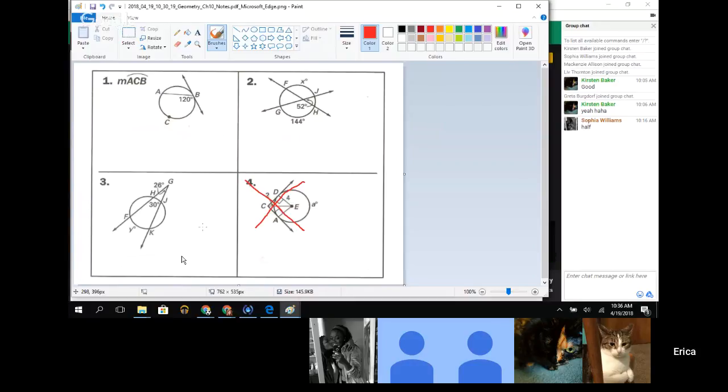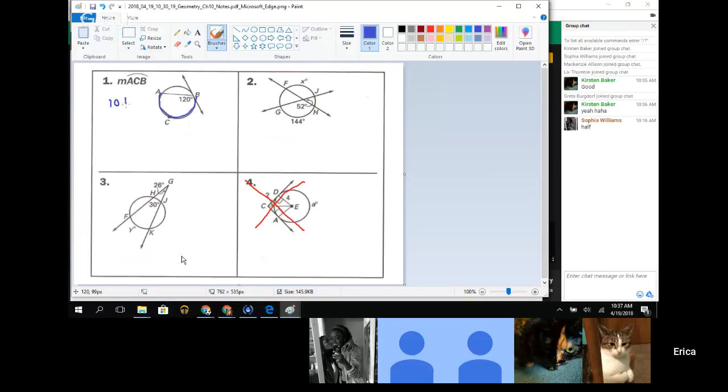All right, number one, we want to find the measure of arc ACB. So first up, which theorem am I going to use to figure that out? I know you guys are all yelling at your computer screens that we're going to use theorem 10.11.